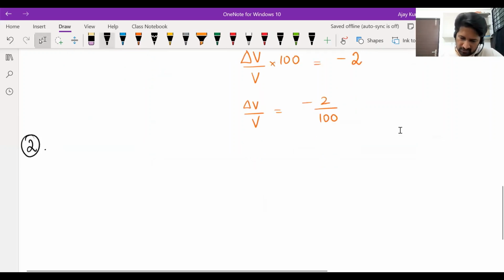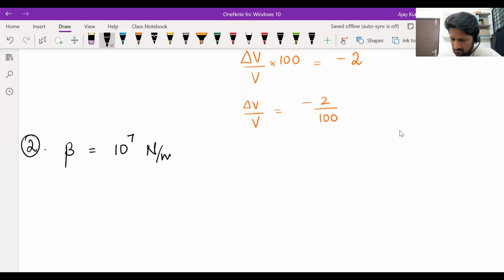Suppose the bulk modulus of some material is given to you as, let's say, 10 power 7 Newton per meter square.